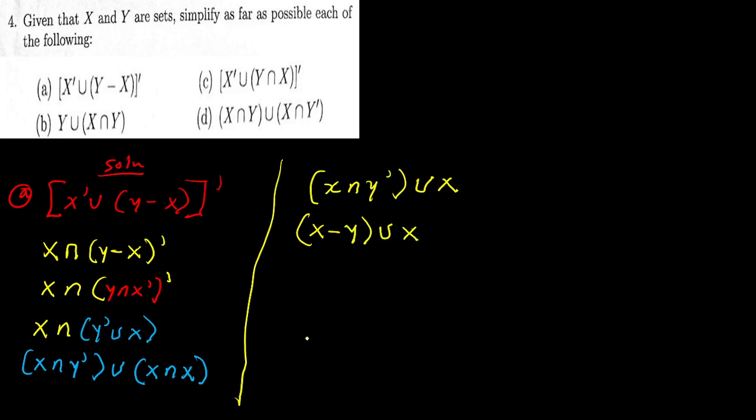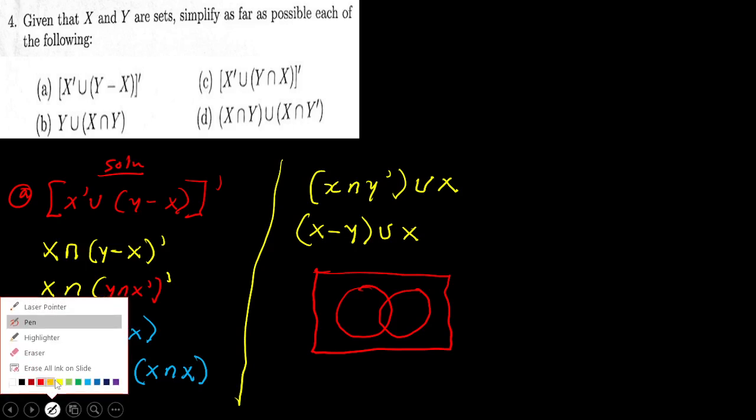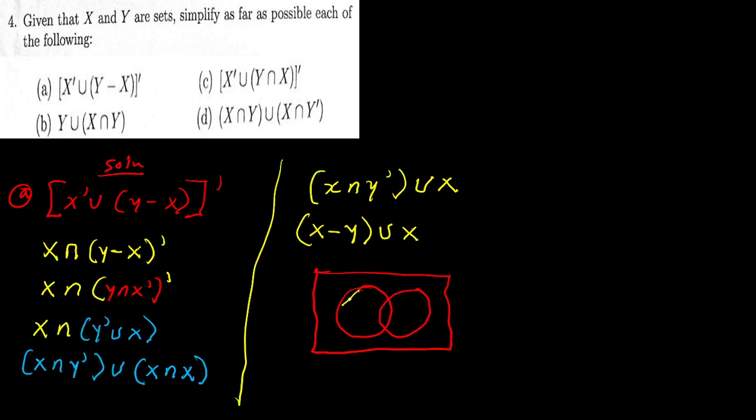If we were to illustrate this using the Venn diagram, we can have set x and we can have set y. We can assume they are intersecting like that. And if we were to express x minus y, it's a set which I'm going to shade in yellow. So if this is x and this is y, x minus y is going to be this particular set.